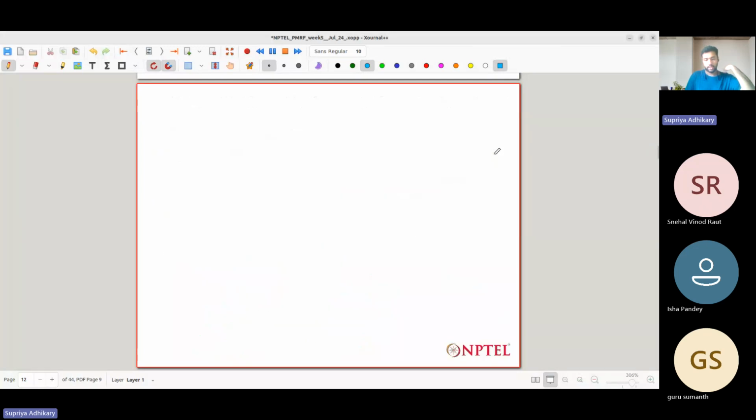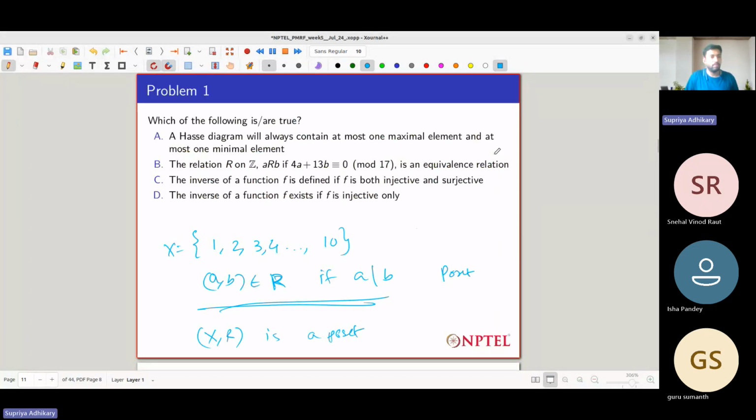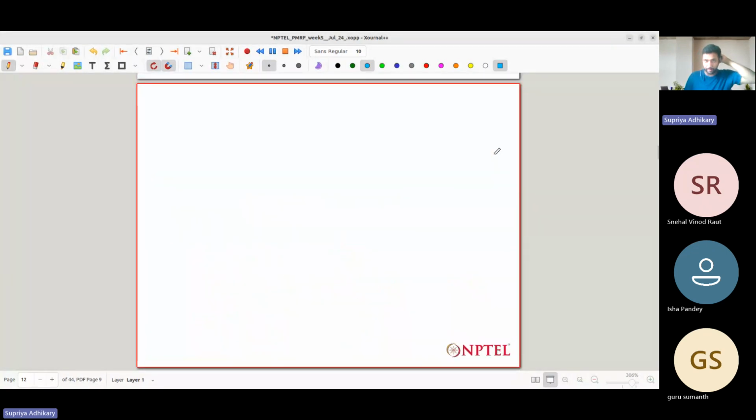And what is the Hasse diagram of this poset? Instead of 1, we will basically take this set from 2 up to 10. So now the Hasse diagram will be like this: 2, 3, 4, 5, 6, 7, 8, 9, 10.